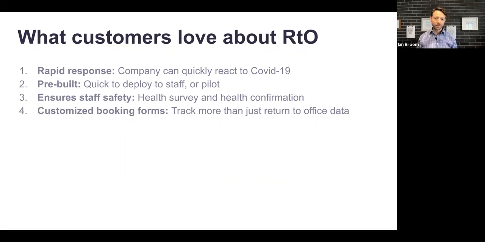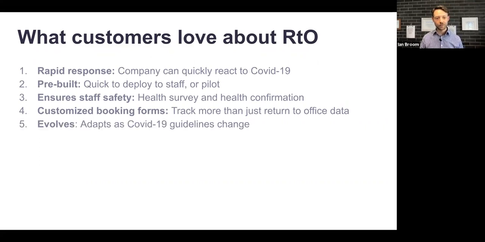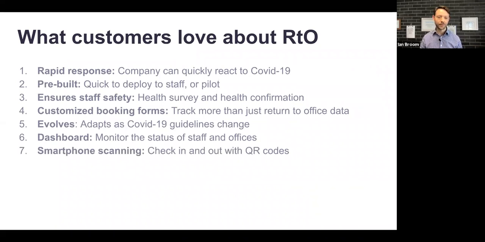It has customized booking forms, which enable the app to track more than just Return to Office data or office booking data. It evolves, so it adapts as the COVID-19 guidelines change, and we've definitely seen a lot of that. For any UK customers on the phone, you're experiencing more of that today, particularly if you're based in London. There's a dashboard, which our customers really like, and it enables them to monitor the status of staff and offices.